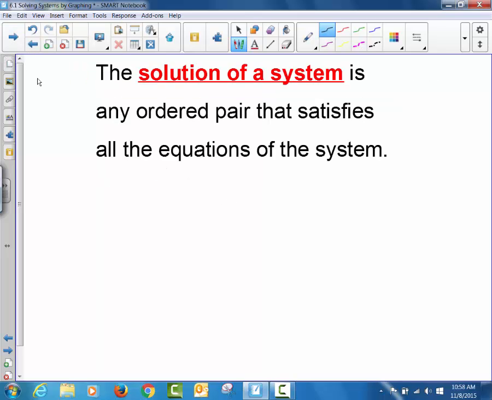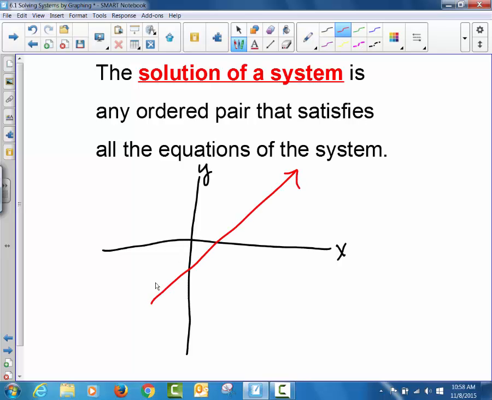And as I said, the solution of a system is any ordered pair that satisfies all the equations of the system. Remember, on the coordinate plane, you've got the y-axis and the x-axis. And let's say that we have a line that goes this way and another line that goes this way, and where they intersect is right here.